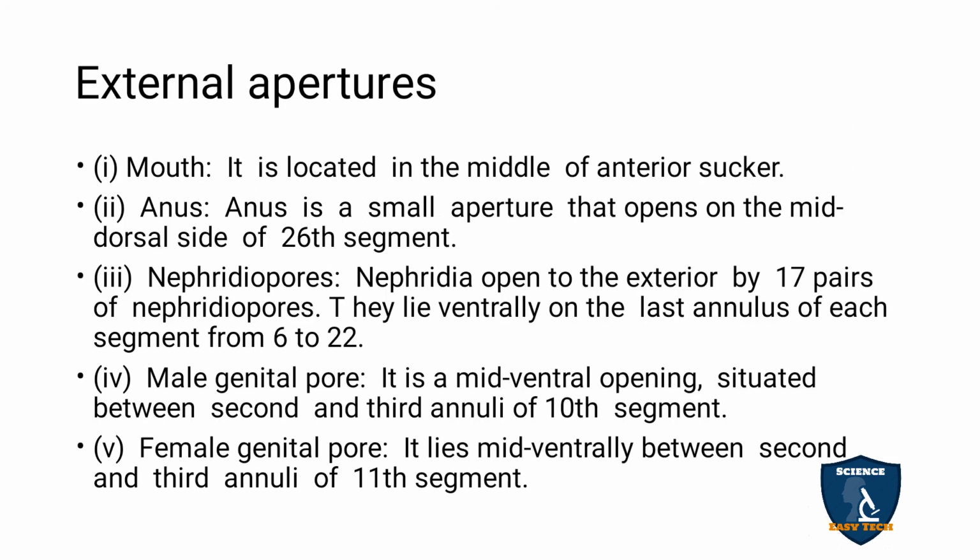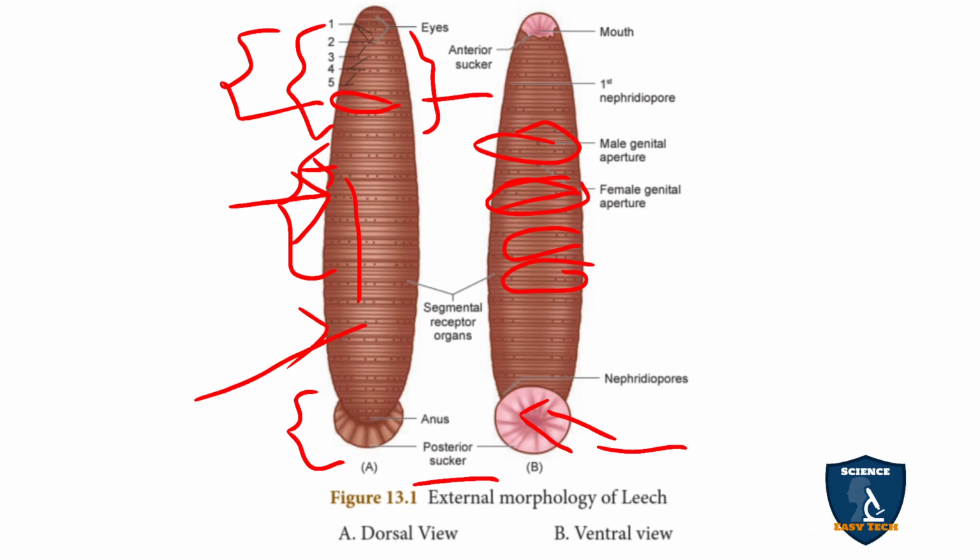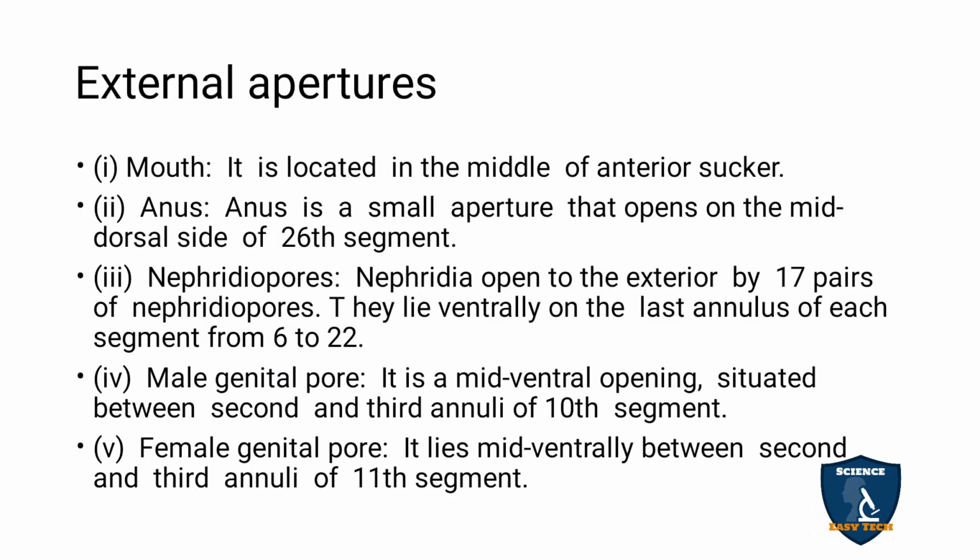And the external apertures. Apertures means openings. Mouth is seen in the middle of the anterior sucker. Anus is present in the mid-dorsal side of the 26th segment. It is a small opening at the 26th segment where the waste material is eliminated.